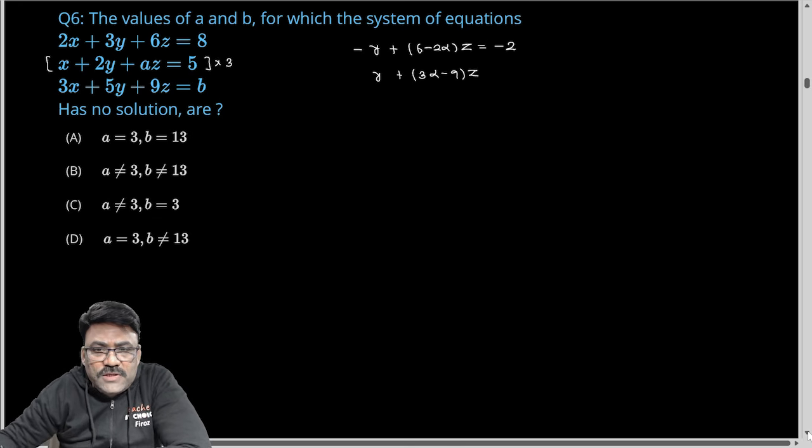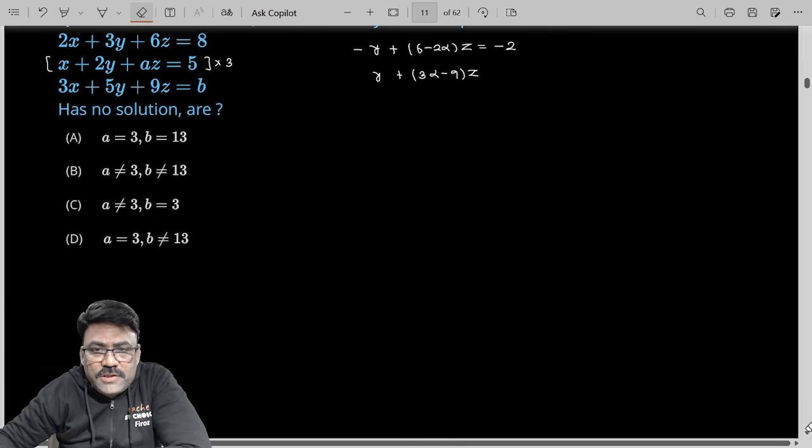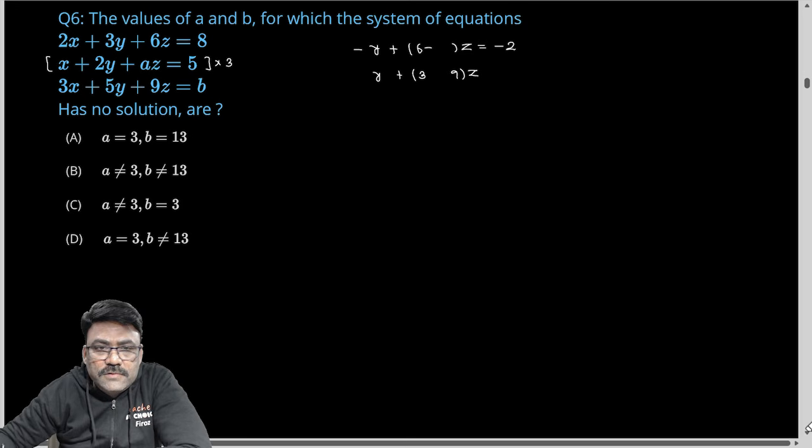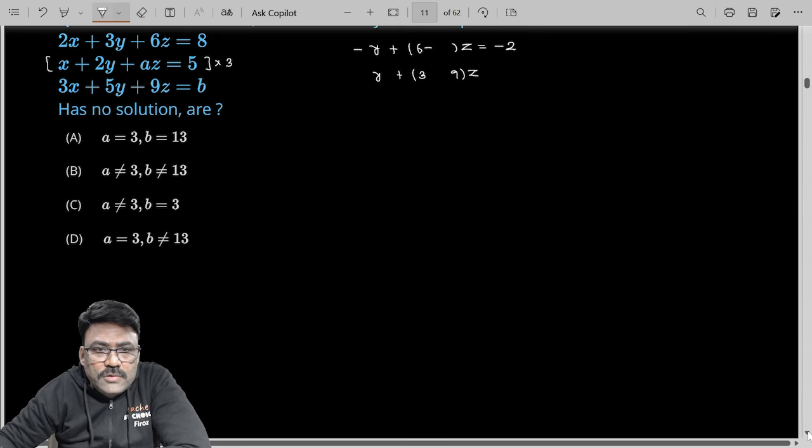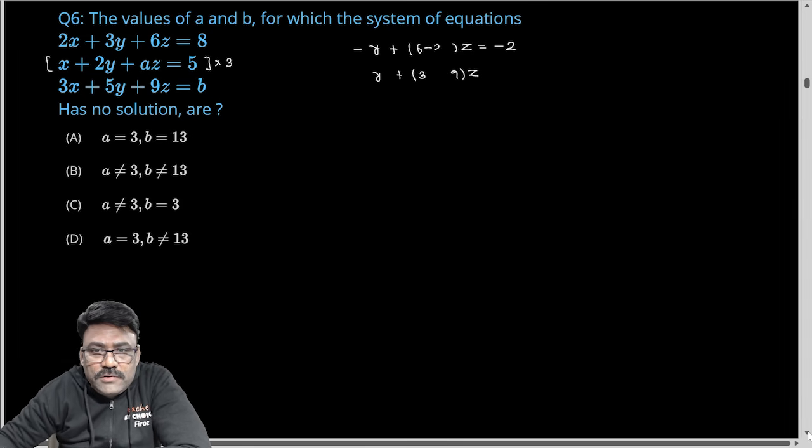It is a actually, not alpha. So it was 6 minus 2a here. And here I'm getting 3a minus 9z. And on the right side, you are getting 3 into 5, 15 minus b.